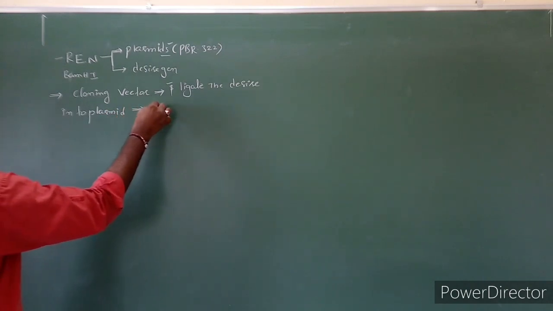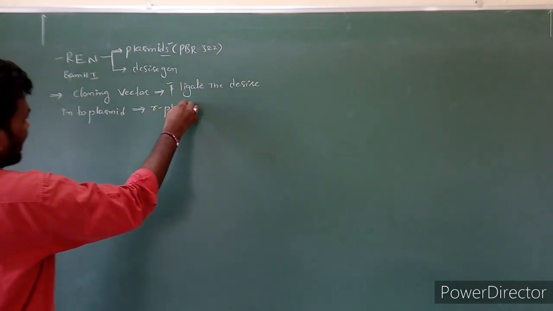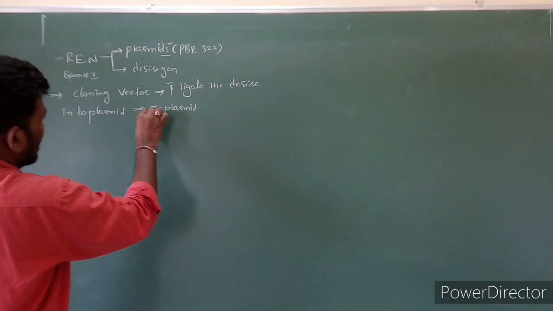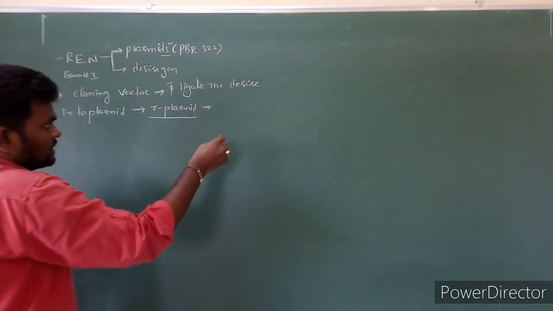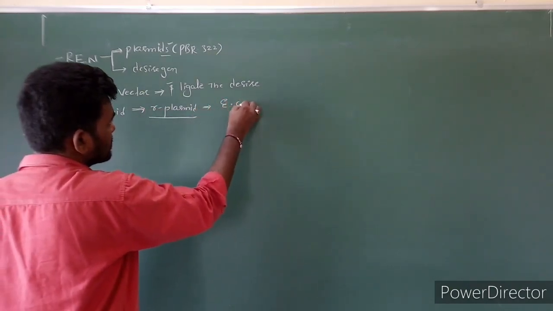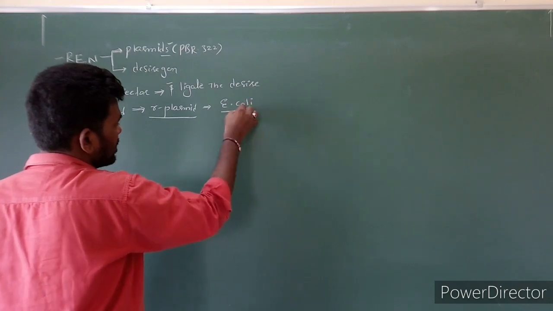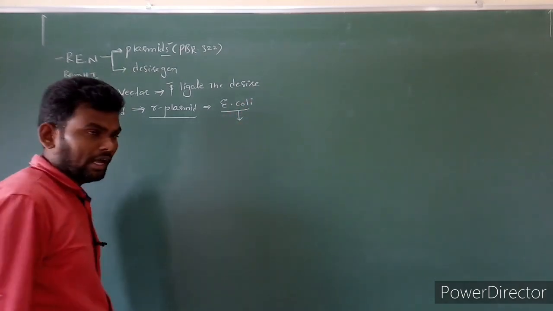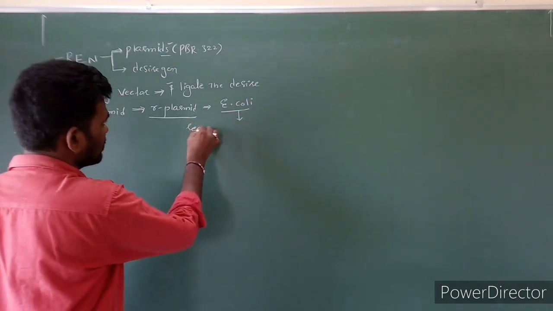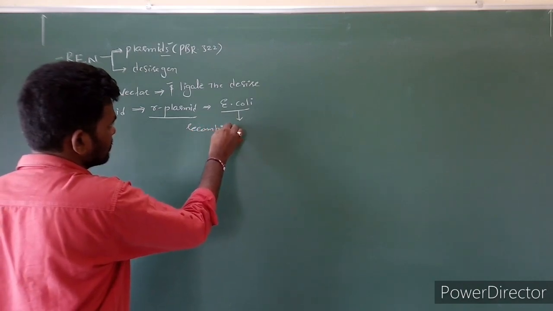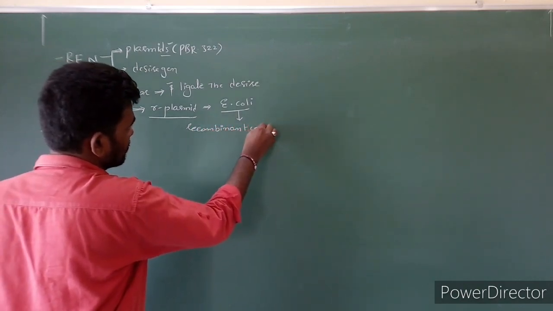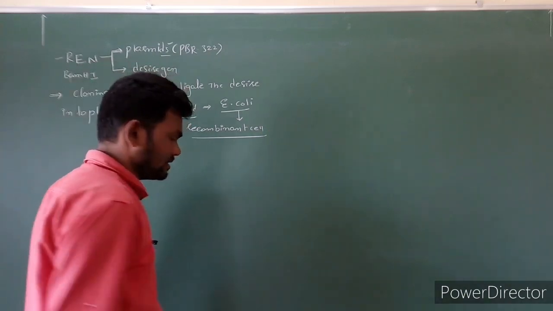Now it becomes what? R plasmid. And now we enter this into the E. coli cells. Now these E. coli cells we can call as what? A recombinant cell. It is called recombinant cells.